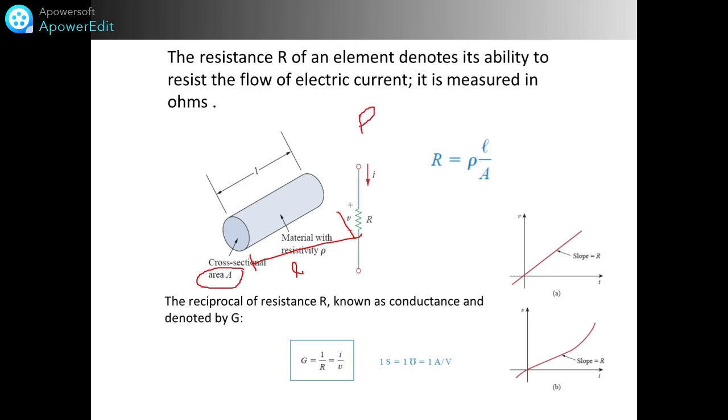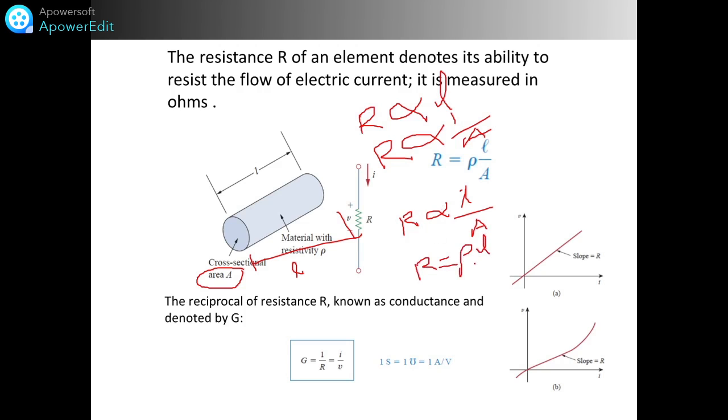The resistance is always proportional to the length of the wire, and inversely proportional to the area of cross section of the wire. So we can write R is directly proportional to L and inversely proportional to A. In order to remove the proportionality constant, we can write R is equal to rho L by A, where rho is the resistivity of the material.